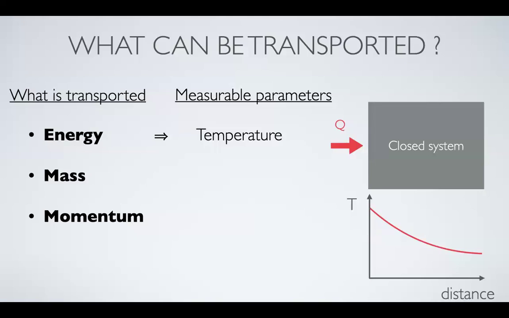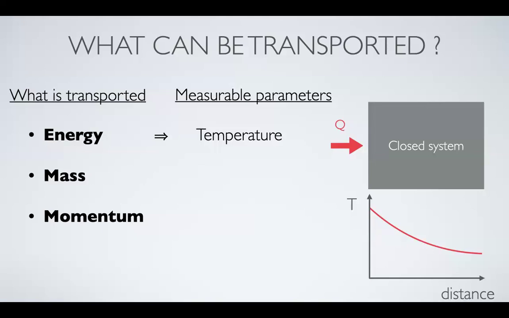So if there is a difference in temperature, for example, if I take this spot and this spot, which are different locations, and they have different temperatures, of course there will be energy transported. You know what I mean?